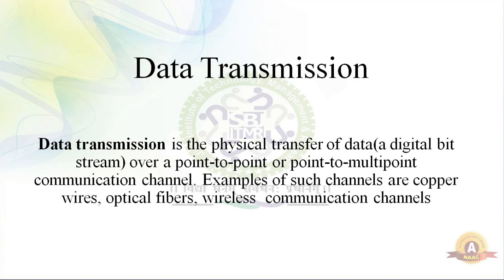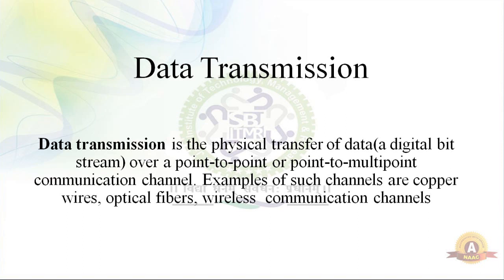Whatever data is transferred from one place to another is a stream of bits, containing 8 bits or a number of bits. The data is transferred over a point to point or point to multi-point communication channel.